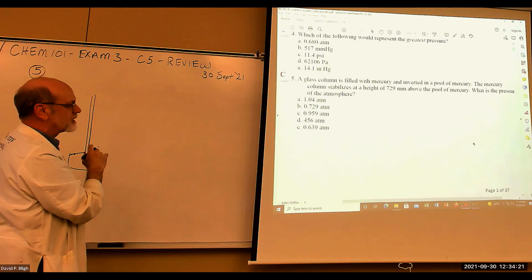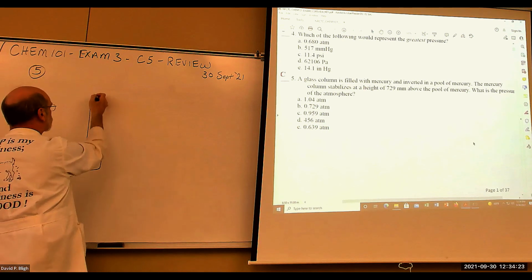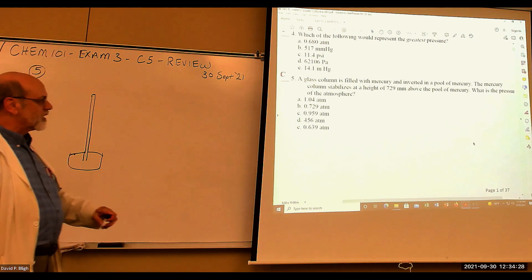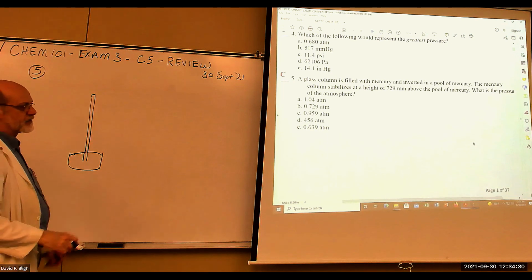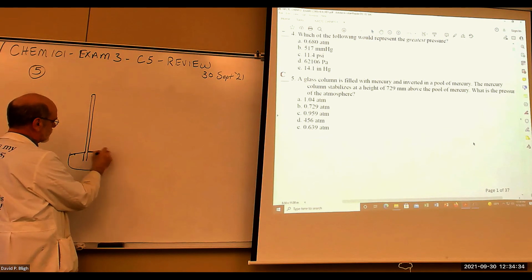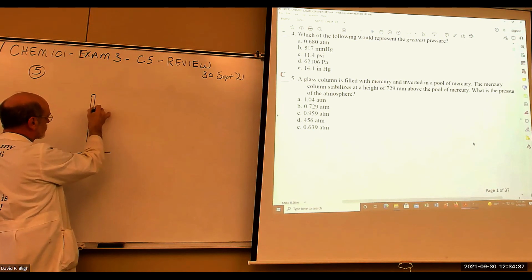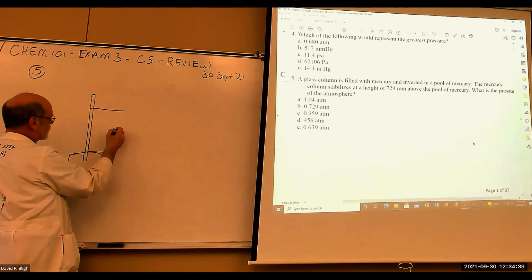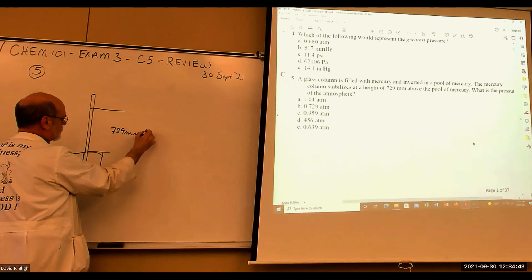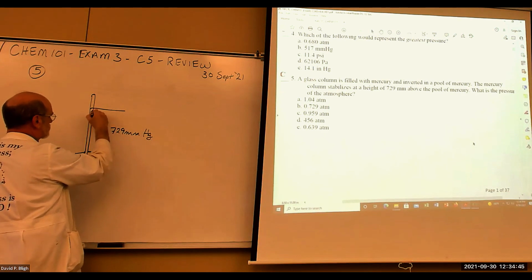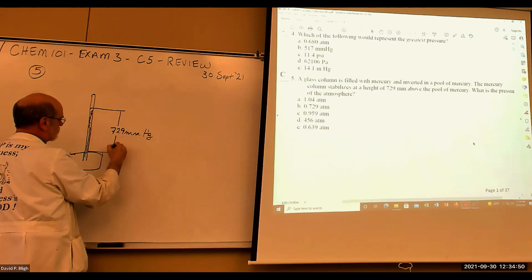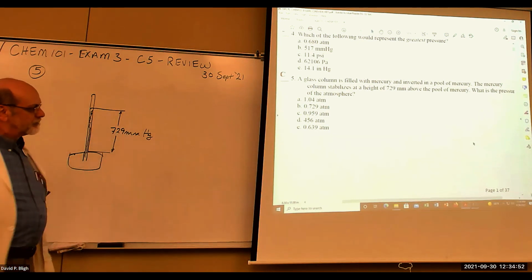I assume it's closed at the top. The mercury column stabilizes at a height of 729 millimeters above the pool. So the distance between here and here is 729 millimeters. All right, that's what we're given.